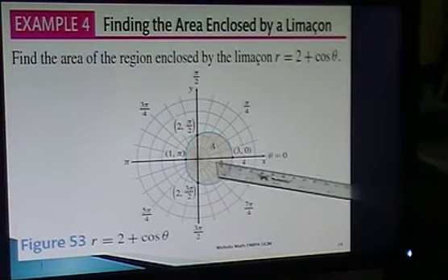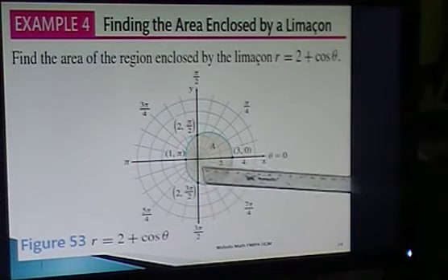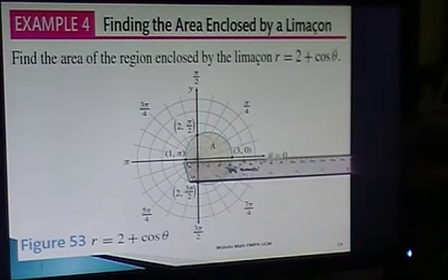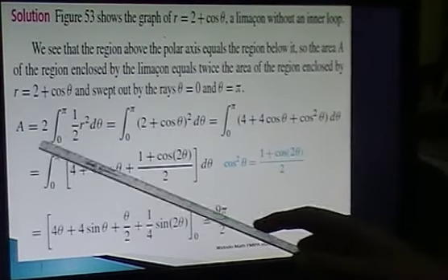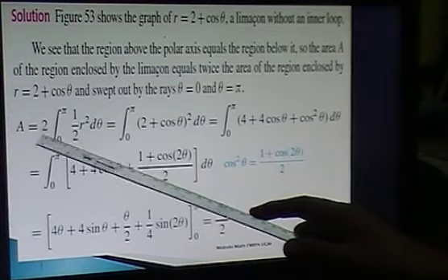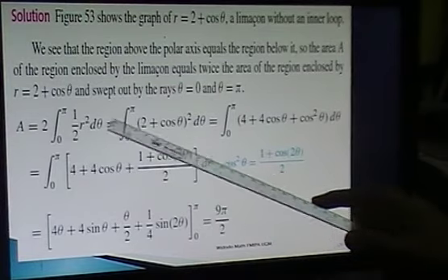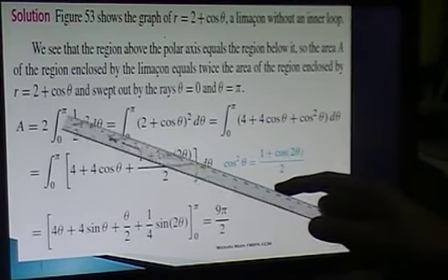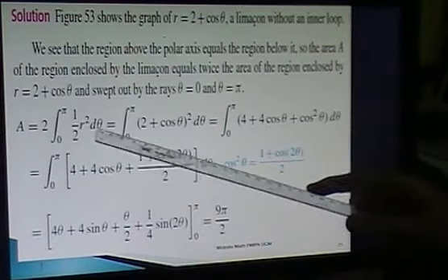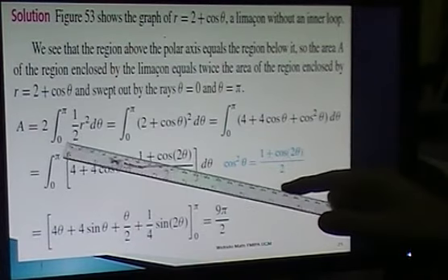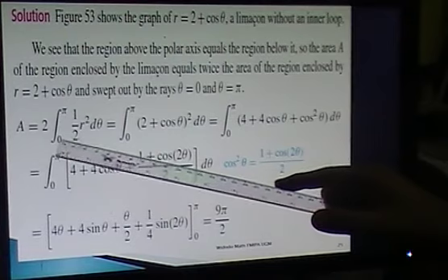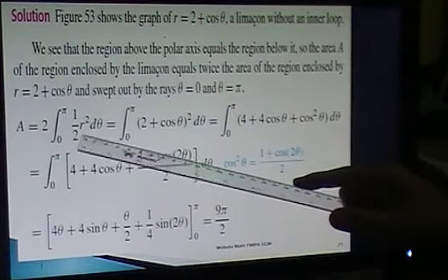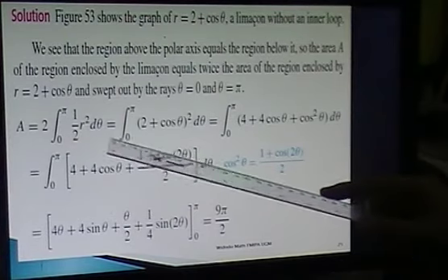So this area is actually 2 times the area above the x-axis. So we can count the area as 2 times the area of the region above the x-axis. That is 2 times the integral between 0 and pi of 1 over 2 r squared d theta.